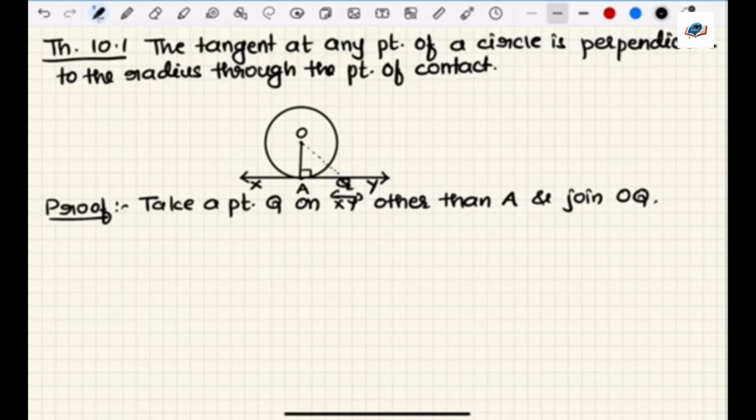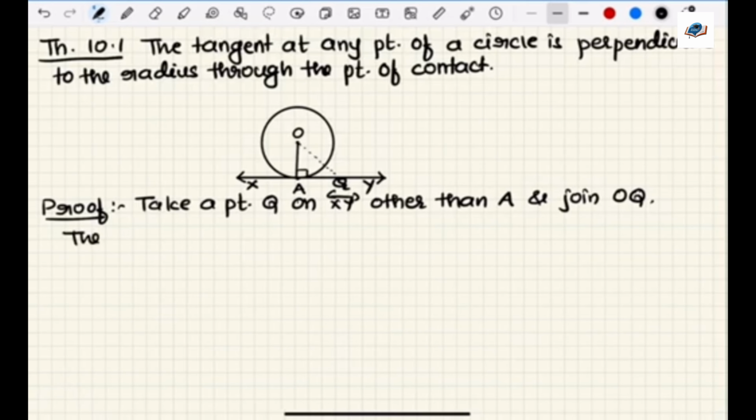Let me say this is my point Q and I have joined it with a dotted line. The point Q must be outside the circle.